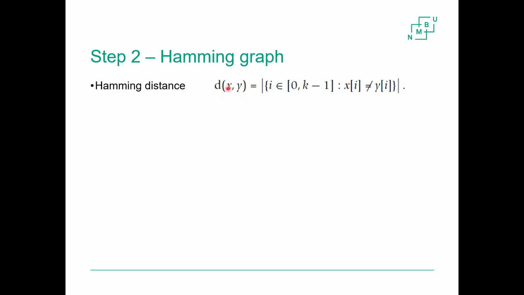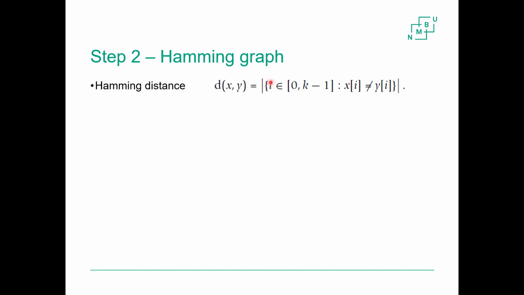It says the distance between k-mer x and k-mer y equals, and what is here? First, let's start in the middle of the expression. There are some curly braces here, right? And that always means a set of something.